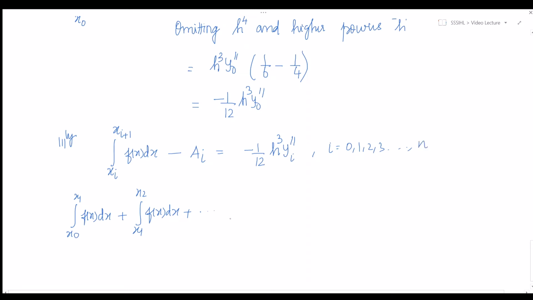The last integral will be xn minus 1 to xn of f of x dx, minus (A naught plus A1 plus A2 etc. up to A n minus 1).